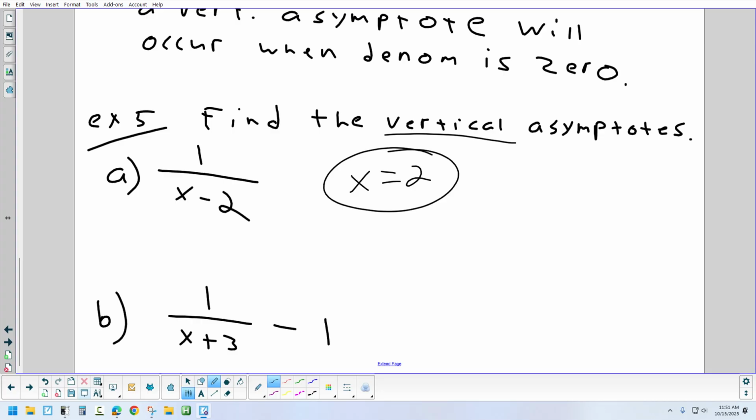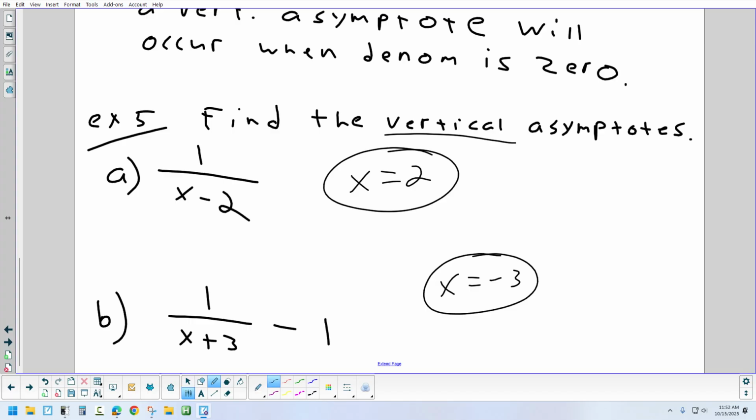Yeah, x equals -3. So it's the number that would cause you to divide by 0 as long as you don't have any common factors. This -1 has nothing to do with the vertical asymptote.